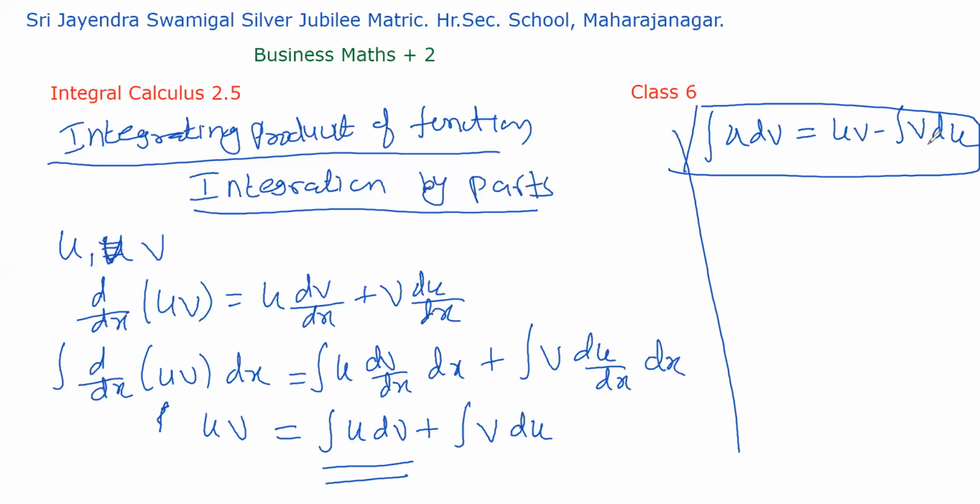We use this method when the integrand is a product of two different types of function. Now we'll see one more thing. The success of integration by parts depends on the proper choice of u.